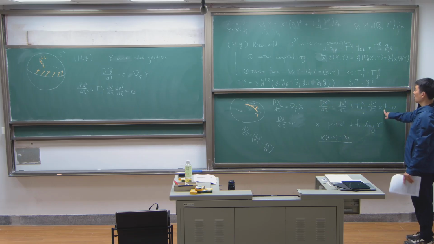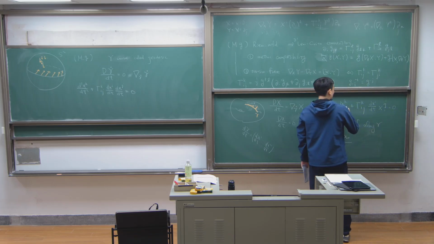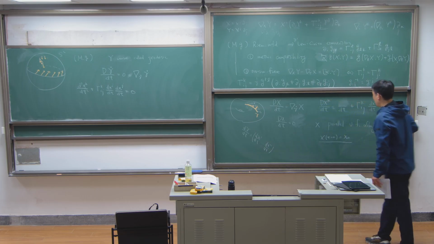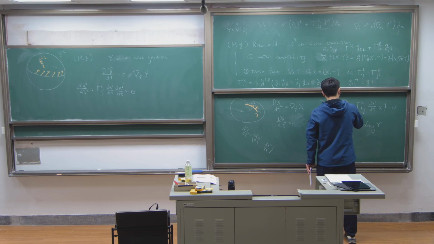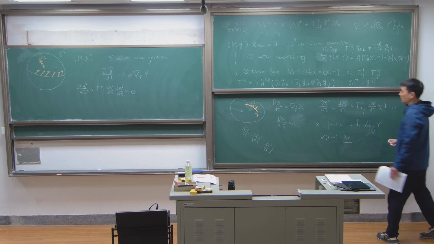Maybe I should correct myself, this is very misleading. This is capital X, and this is the local coordinate small x. Sorry about it, it's very misleading.